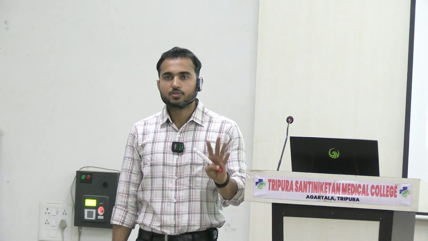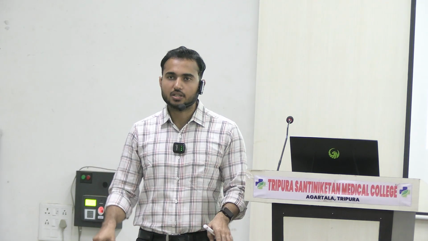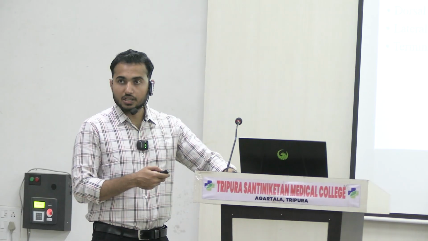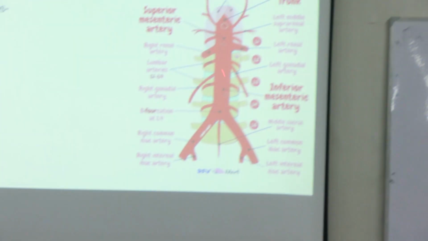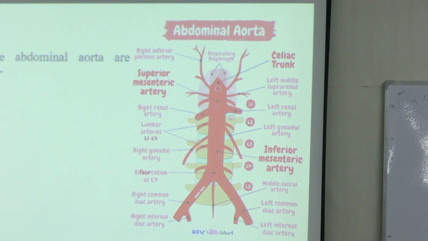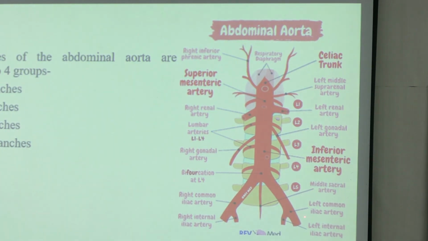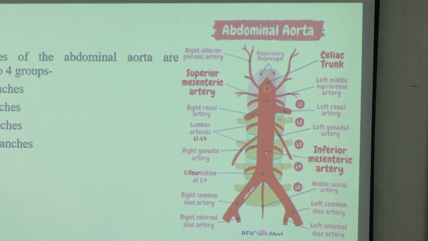So how many types of branches are there in case of the aorta? 4 types: ventral, dorsal, or also you can write anterior, posterior, lateral, and terminal. We'll see one by one. Before going into detail about the branches, can you identify which are the ventral branches here? First, you can see these are the terminal branches. Next, can you see this cut section?